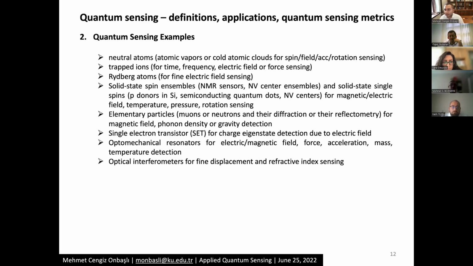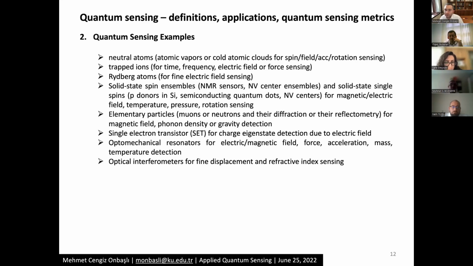And optomechanical cavities and resonators are basically coupled discretized sensors that oscillate with a mechanical characteristic, but they also respond to optical light. So in that case, there's also a transduction between optics and gigahertz frequencies.